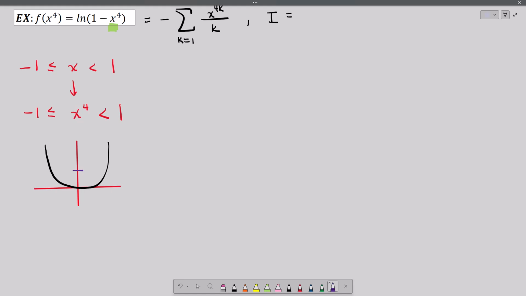We want to know when the function values are in between -1 and 1. So we want to know what the corresponding x's are that give us function values in this interval. What are the x values that cause x to the fourth to be between -1 and 1?